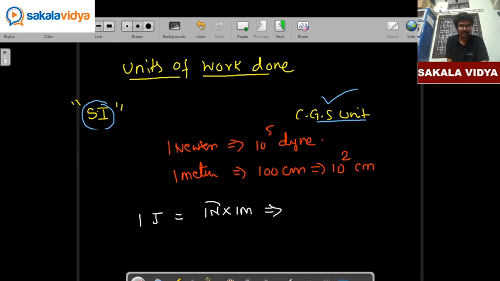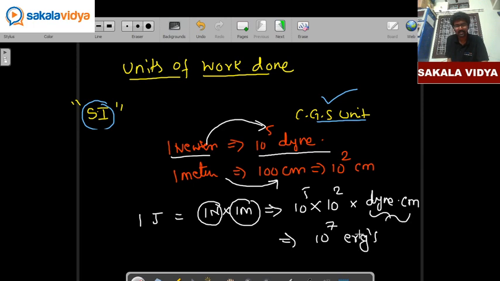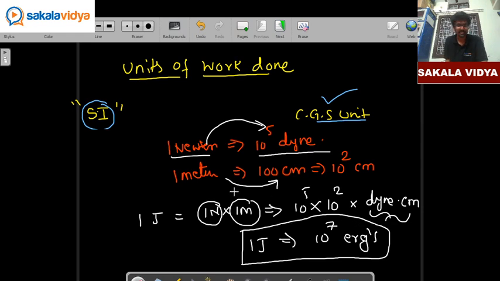In the place of 1 Newton, we write 10 power 5 dynes, multiplied with 1 meter, which in terms of centimeter is 10 square, so dyne into centimeter, which is nothing but 10 power 7. Dyne centimeter is nothing but erg. So 1 joule is approximately equal to 10 power 7 ergs.